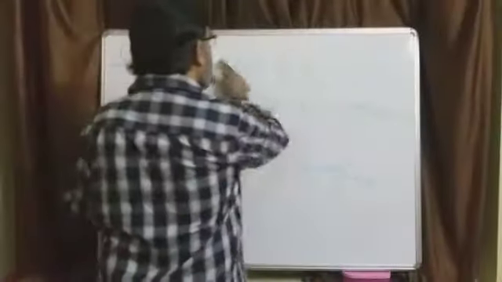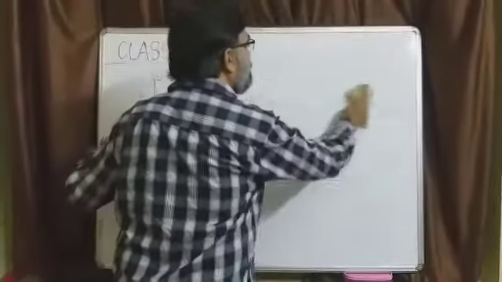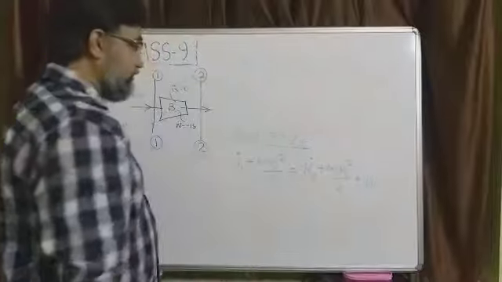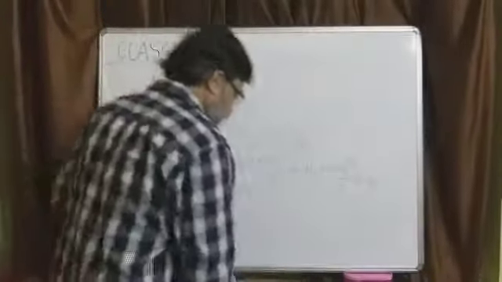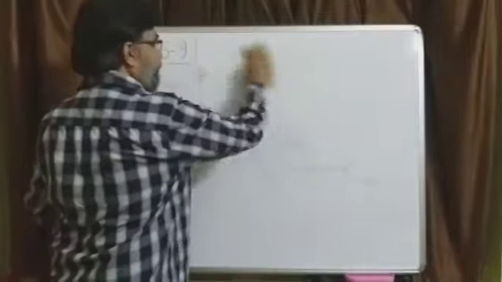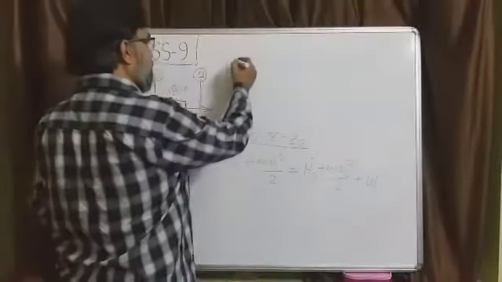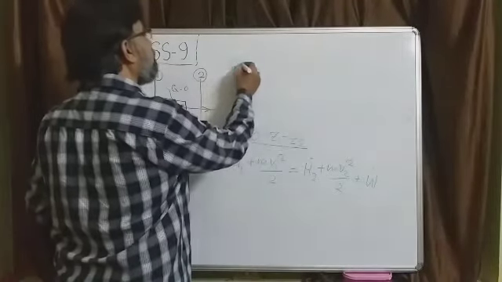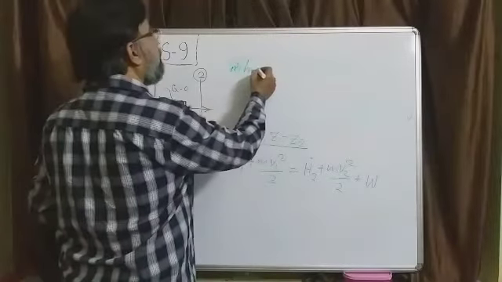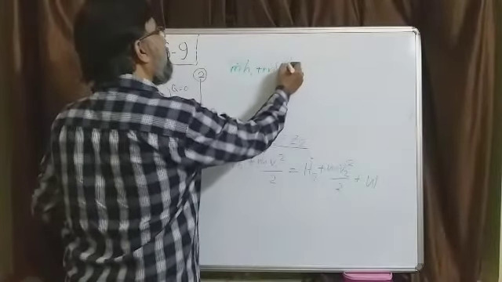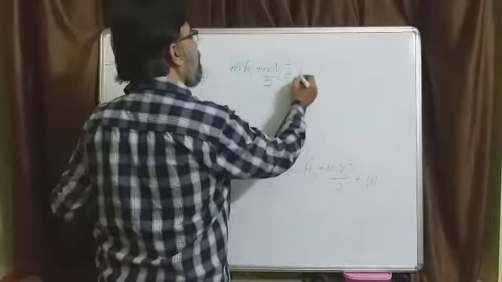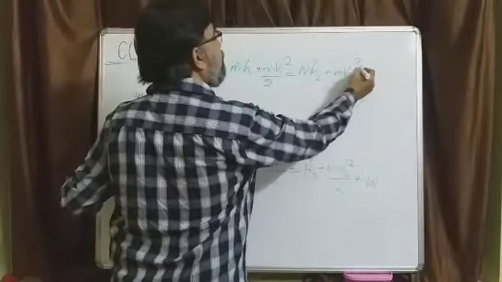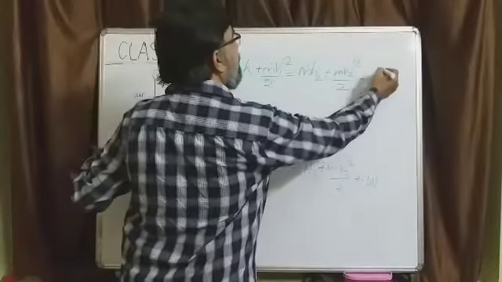So our equation now becomes m dot H1 plus m dot V1 square by 2 is equal to m dot H2 plus m dot V2 square by 2 plus capital W dot.